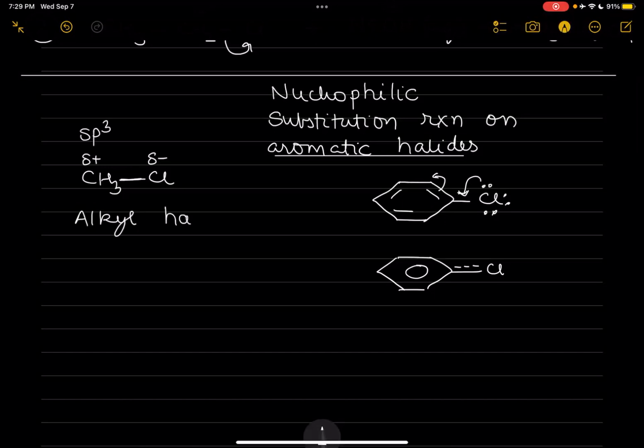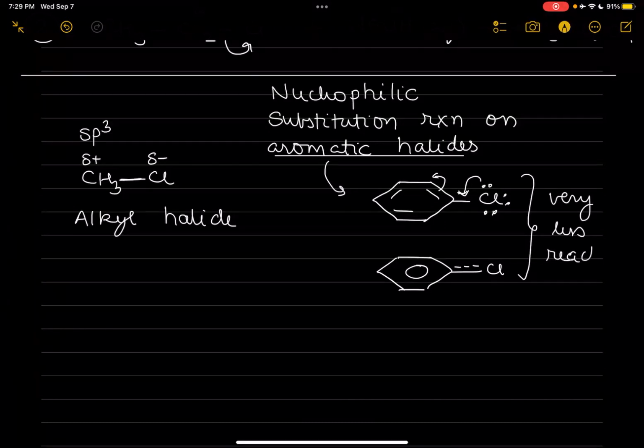It's very reactive toward nucleophilic substitution. But this is an aryl halide, or aromatic halide. Very less reactive, because the carbon-chlorine bond, being directly connected to benzene, has acquired double bond character.